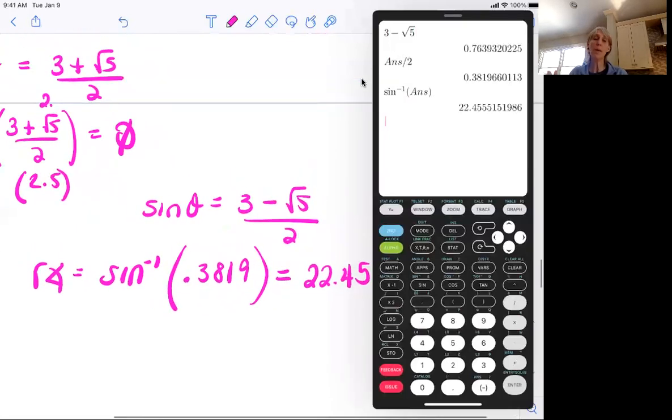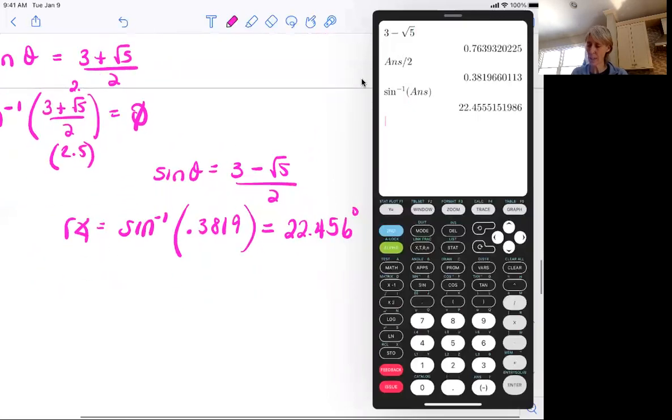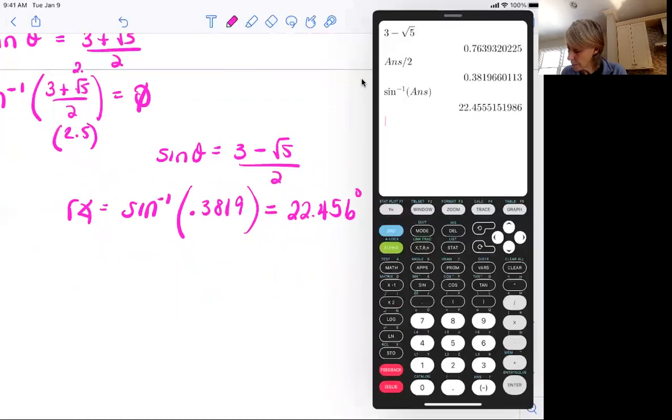So actually it would have probably made more sense to get your decimal first, because remember, when we're solving for the angle, we want to find the positive function value. So it really would have made more sense for me to evaluate each of them and get the decimal value first. Going back here, my reference angle is 22.